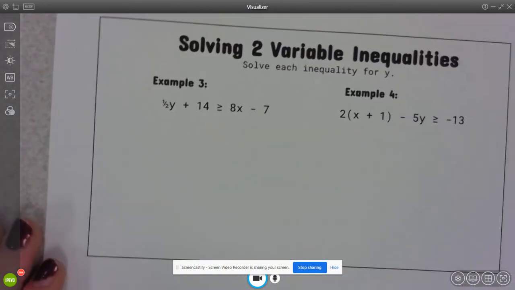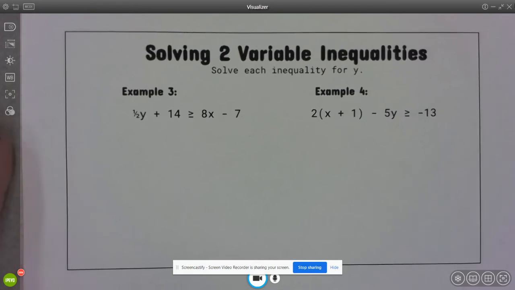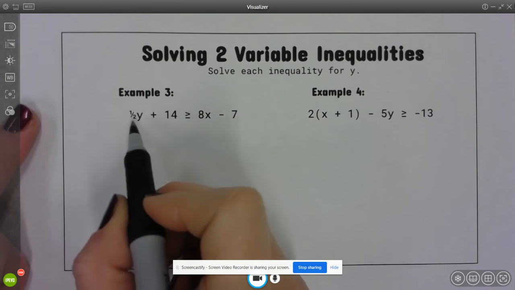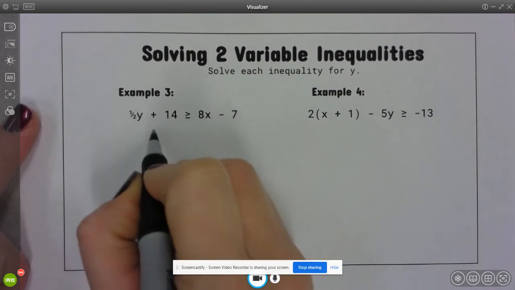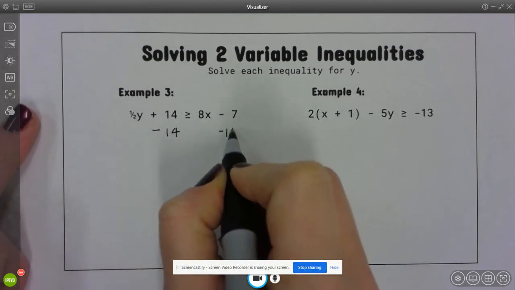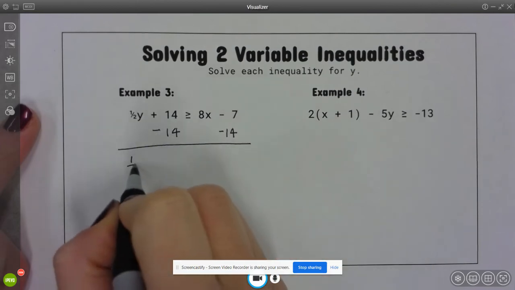Next one we're going to see here, we're going to look at these two examples. So there's a couple things I noticed. Y has a fraction in front of it, and I have a constant here. So personally, I would get the constants together first.